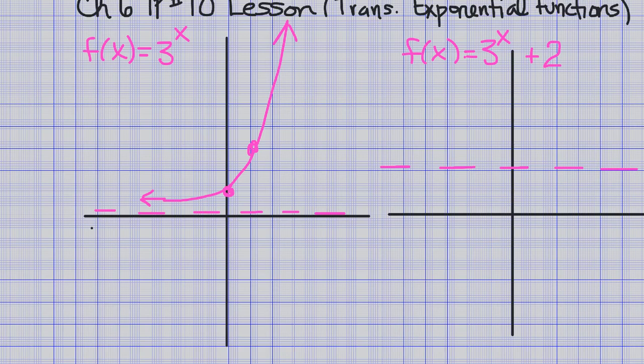So my y-intercept will be 1 above the asymptote, and if I move 1 over, I will go up to the height of the base. So 1, 2, 3 right here. And so then we have a transformation that is a translation, excuse my writing, I'm not used to writing with this yet, translation 2 units up.